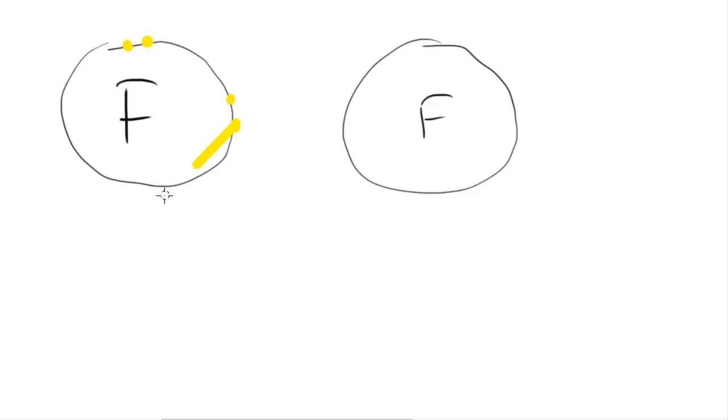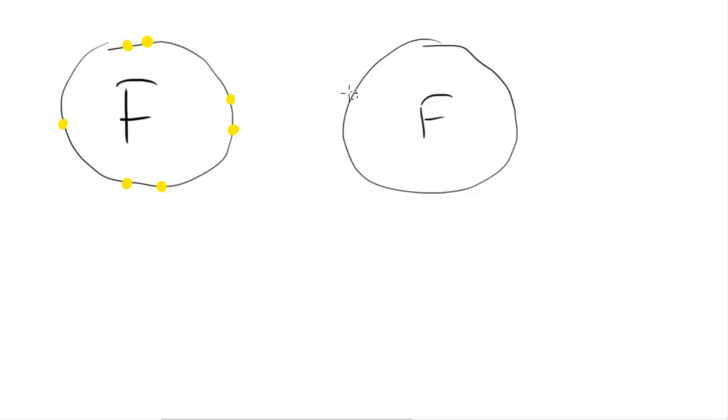So if fluorine, let me just draw these electrons on there. So 1, 2, 3, 4, 5, 6, 7, and 1, 2, 3, 4, 5, 6, 7.